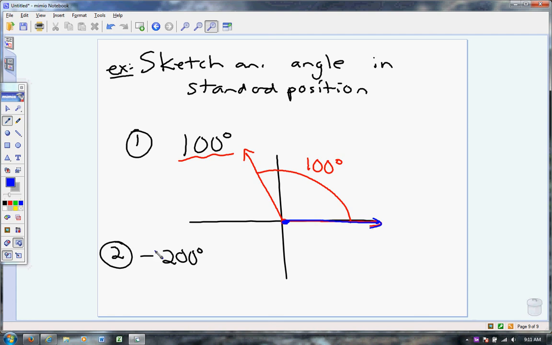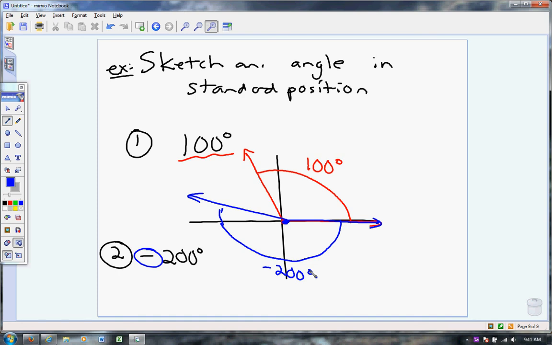And since it's negative, I'm going to swing this way, swing past 90, swing past 180, and just a little bit past it, about 20 degrees past it, and that angle is going to finish about right there. That would be a negative 200-degree angle sketched in standard position. That's one of the other things that you're going to have to do tonight.